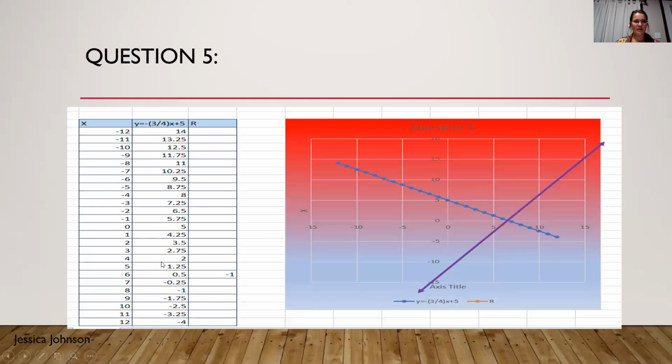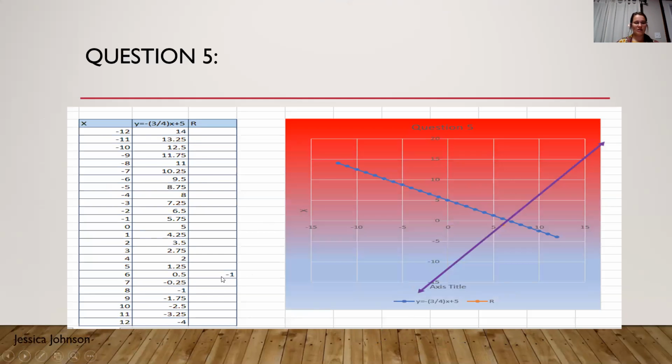And we were given the point R of (6, -1). And our formula is y equals -3/4 x plus 5. And the 6 is on the x-axis and -1 is on the y-axis.